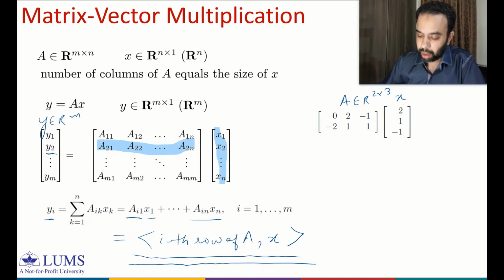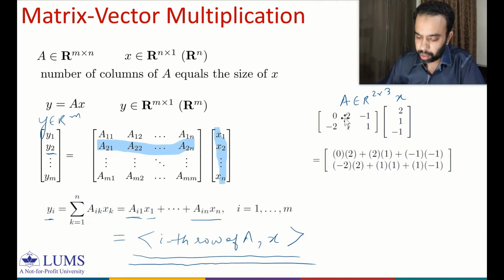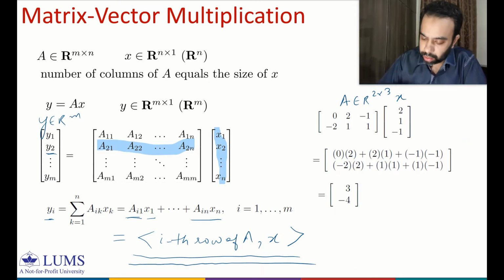So we can multiply A and x, where we take the inner product of the first row and the vector x, second row and the vector x, and what you obtain is y that belongs to R2. So this is y given by A times x.